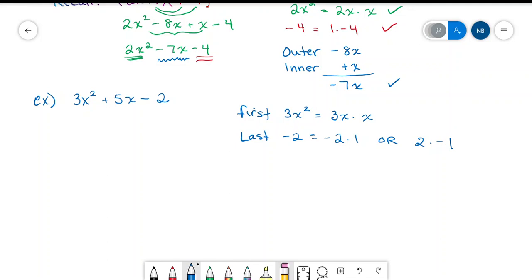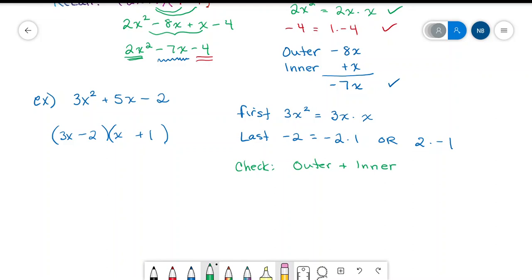So we're going to set up our parentheses to receive our binomials. We're going to get first by placing 3x and x at the front of each set of parentheses, and then we're going to get the -2 by putting -2 and +1. Now, we don't know if we're right yet. So we're going to check that middle term. We're going to check outer plus inner.